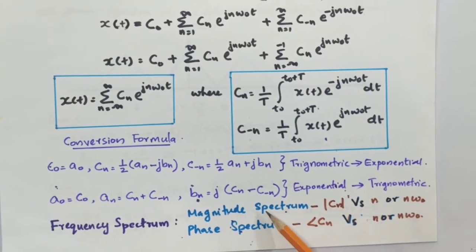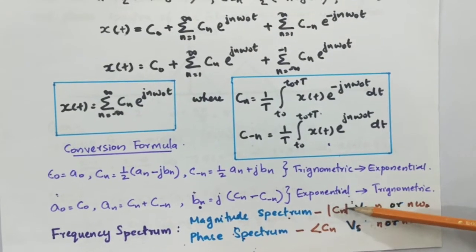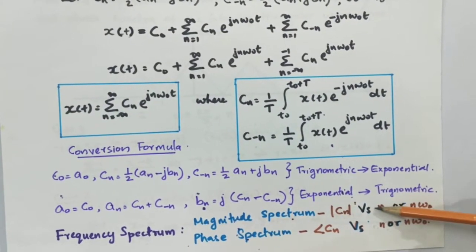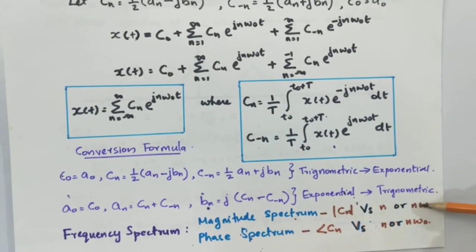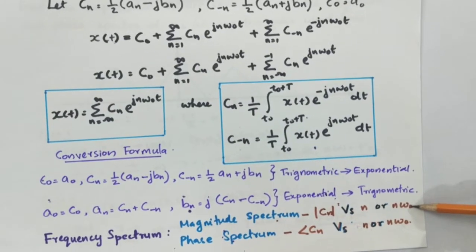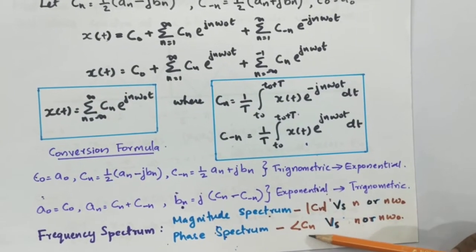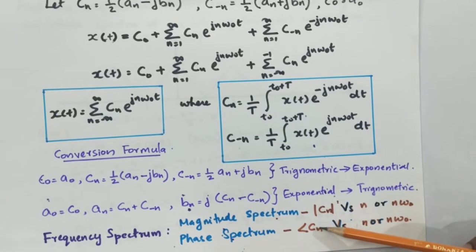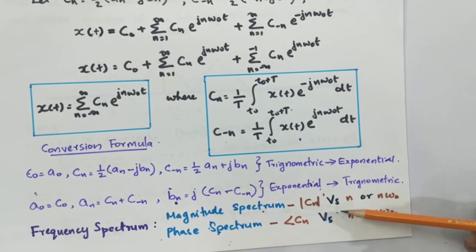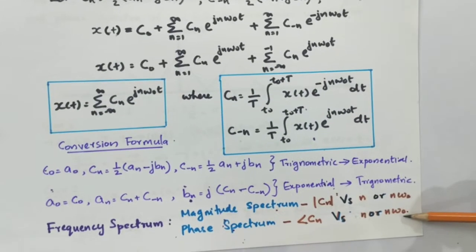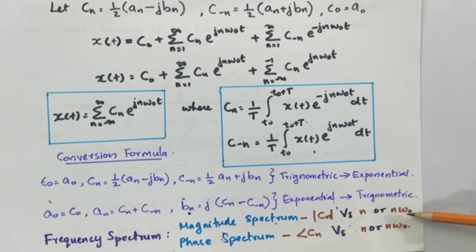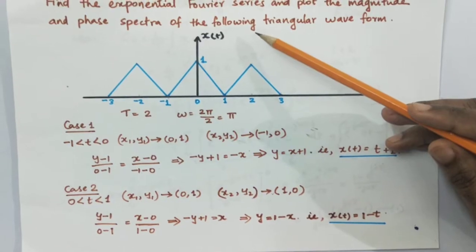The magnitude spectrum is the magnitude of Cn versus n or n omega 0, and the phase spectrum is the angle of Cn, the phase of Cn, versus n or n omega 0. We can see this in detail in the problems.